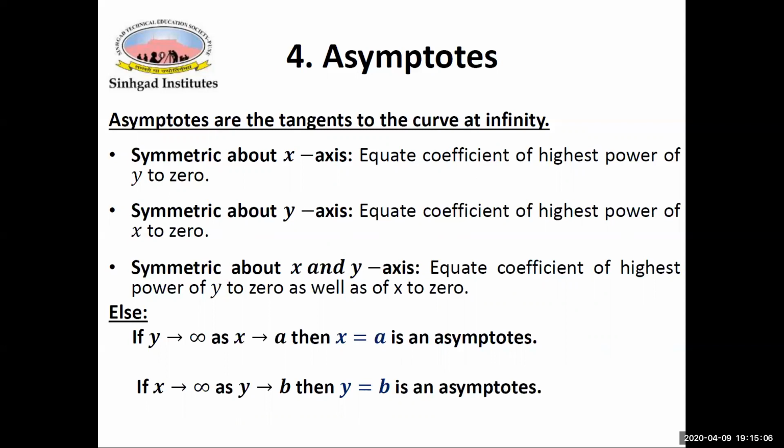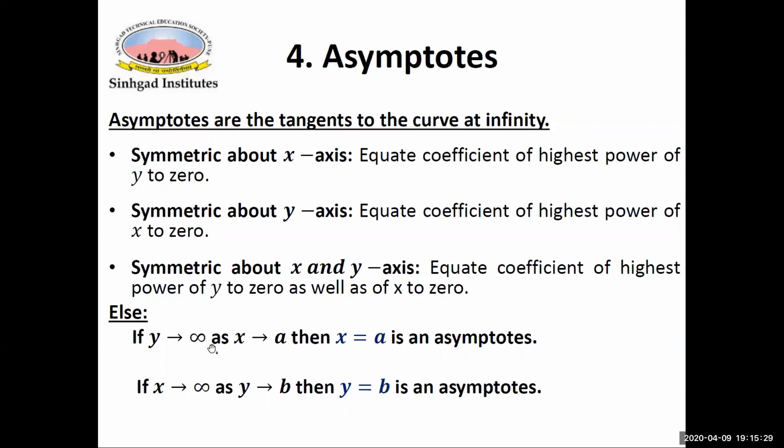There the term is equal to 0, and here the coefficient is equal to 0. Both cases get combined if your curve is symmetric to both the axes. So for symmetry about both axes, you equate the coefficient of the highest power of x to 0 and the coefficient of the highest power of y to 0.